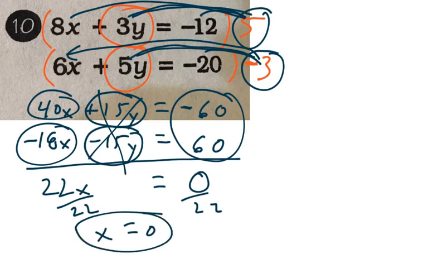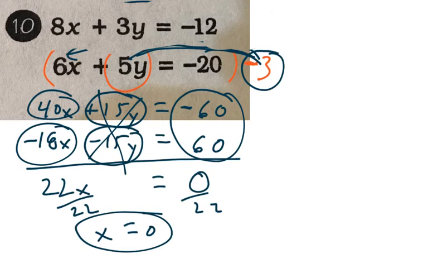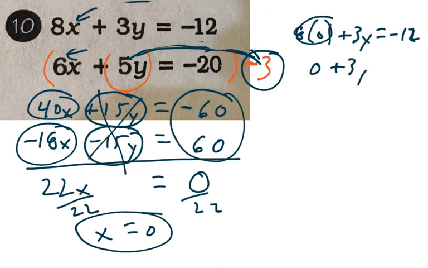Am I done? No, I got to plug it in, right? So let's just go ahead and use this first equation right here. Again, we could use any one of these 4 equations, guys, because they're all part of the same system, okay? But anyways, let's just plug 0 in for x right there. So I know that 8 times 0 plus 3y equals negative 12. And 8 times 0, of course, is 0, plus 3y equals negative 12.